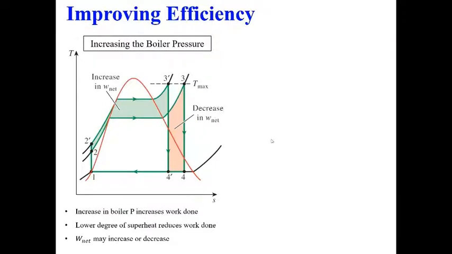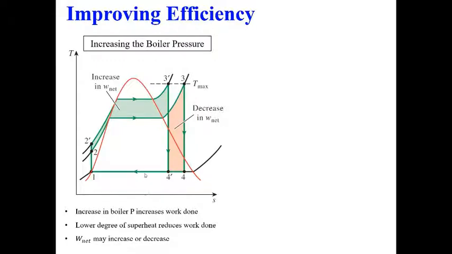Let us look at another method, which is increasing the boiler pressure. This is one isobar in the normal cycle, and if we increase the pressure here, then we have another isobar. What we see here is that the green colored shaded area is the increase in W net, but since process 3 to 4 is also shifting this side, which amounts to a decrease in work.